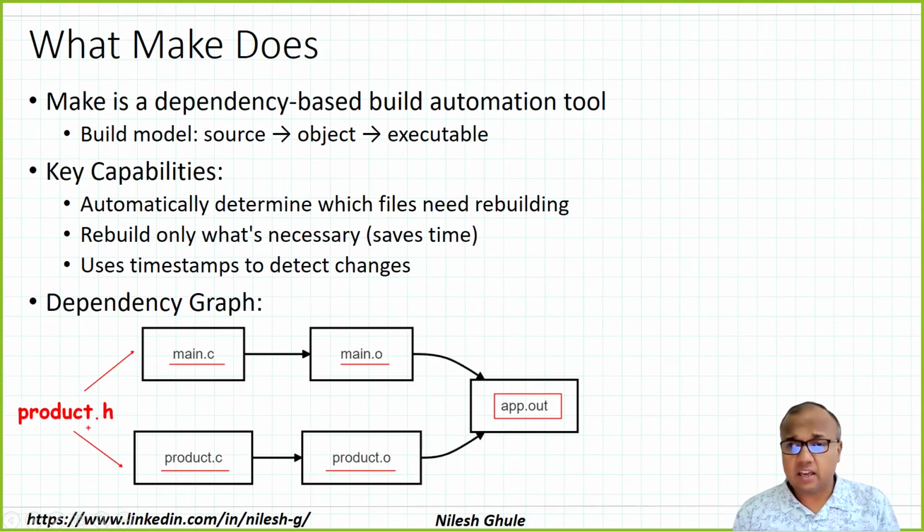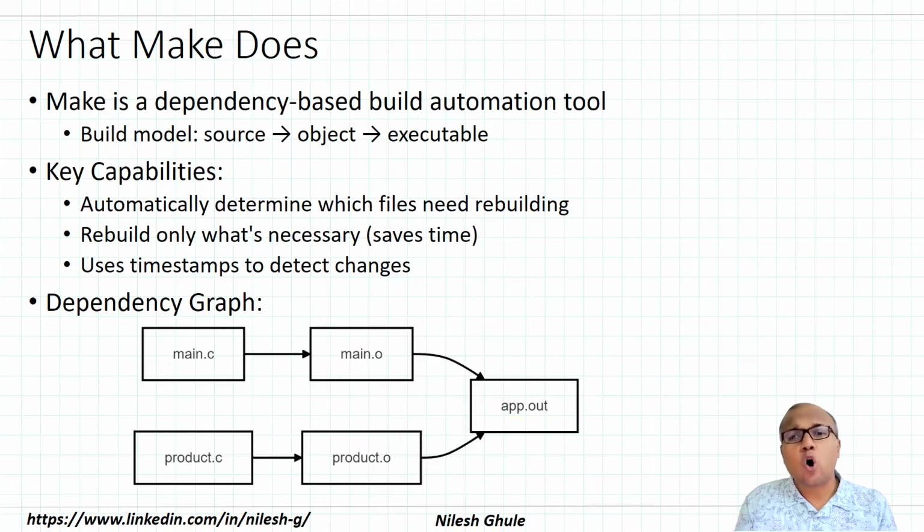It means that if I modify main.c, I need to only rebuild these files. And if I modify product.c, I need to rebuild these files. While if I modify this product.h, then I need to recompile all these files and then my executable will be ready. But as I was saying, make is going to do this particular job automatically for you. So how do we create this dependency graph?